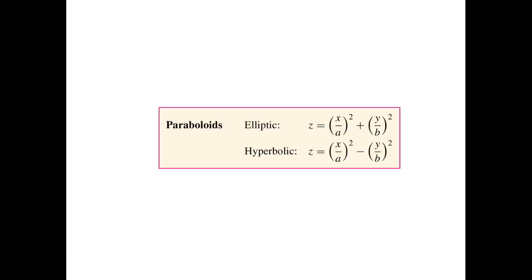Okay, one variable is to the first power, the other variables are to the second power. The one variable that's to the first power is the axis. This would be a z-axis, with ellipses going around this way.